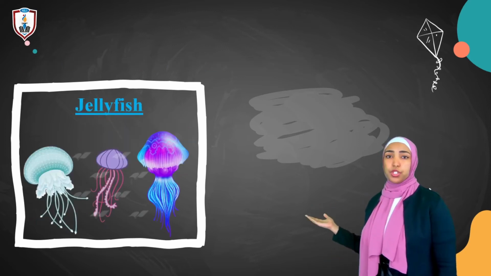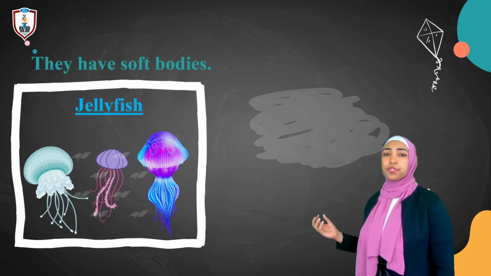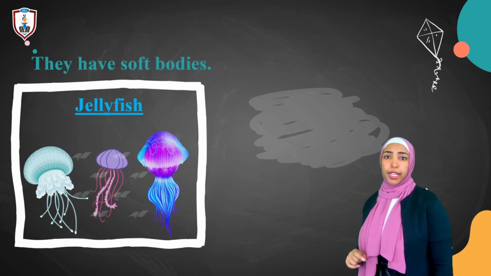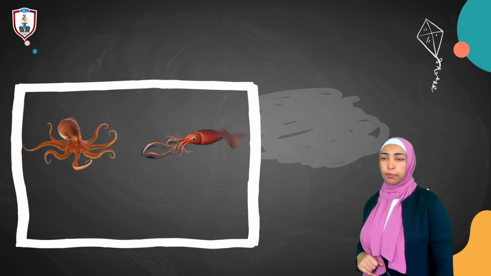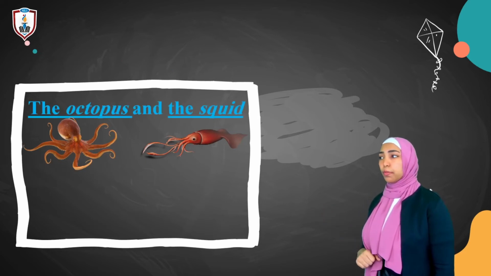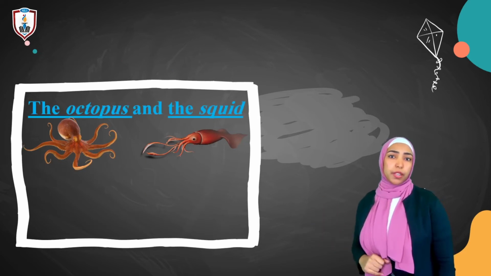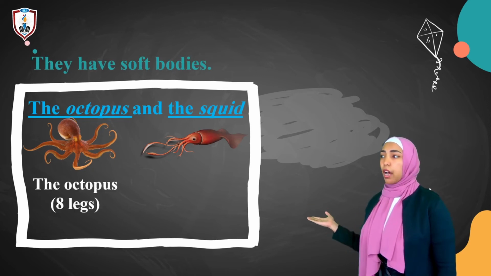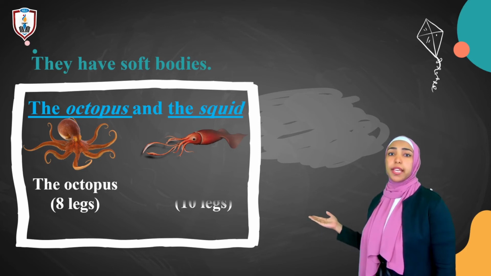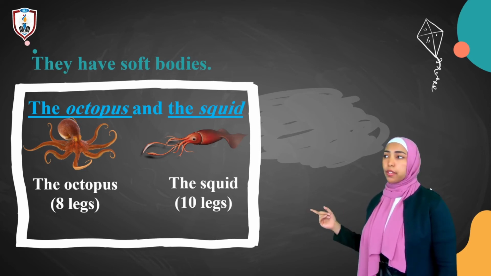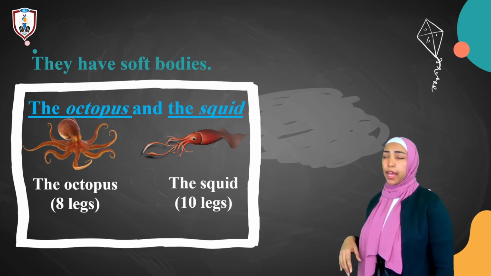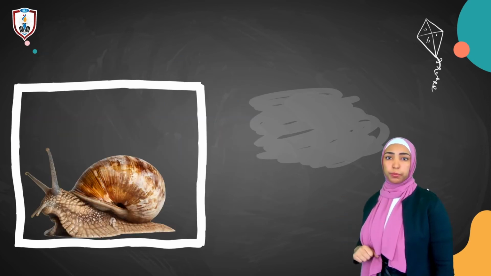And then we have the jellyfish. They have soft bodies. They don't have skeletons or backbones, as we've said. And then we have the octopus and the squid. But what's the difference? The octopus has 8 legs, but the squid has 10 legs. So this is the difference between them, but both of them have soft bodies.